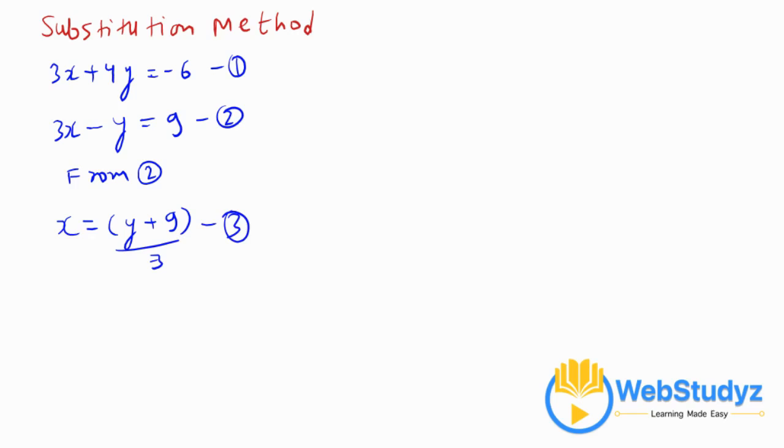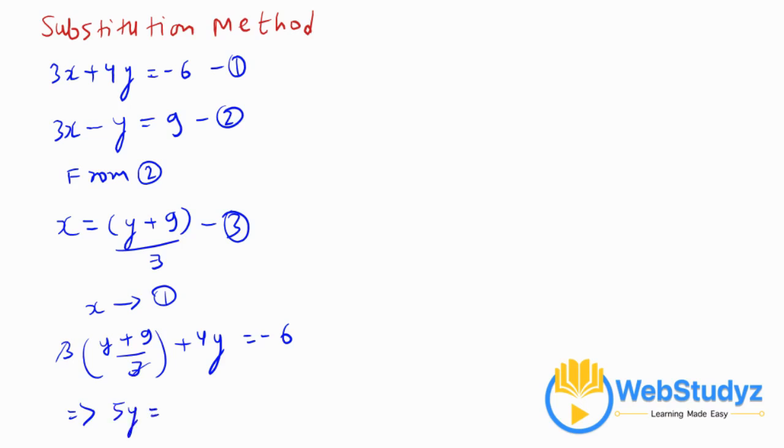Now putting the value of x into the first equation, we get 3 into y plus 9 by 3 plus 4y equals minus 6. 3 cancels out. Solving this, we get 5y equals minus 15. So we get the final value of y as minus 3.